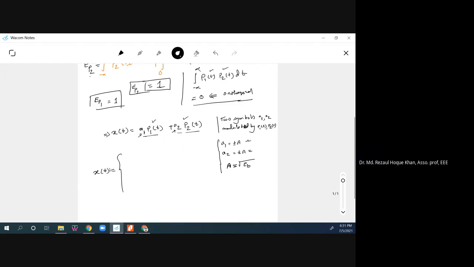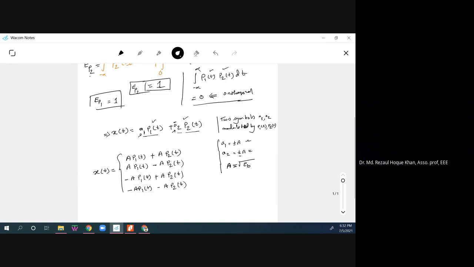So let's write it like plus A p1(t) plus A p2(t), or it can be plus A p1(t) minus A p2(t), when A2 has a negative value, or it can be minus A p1(t) plus A p2(t), or minus A p1(t) minus A p2(t).